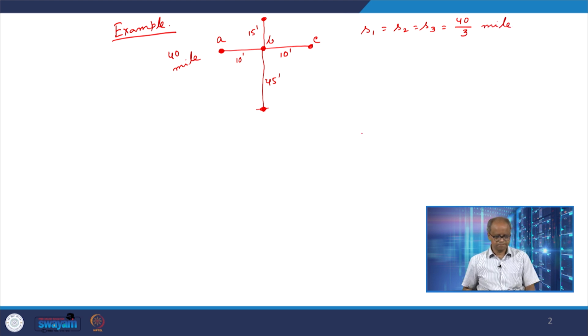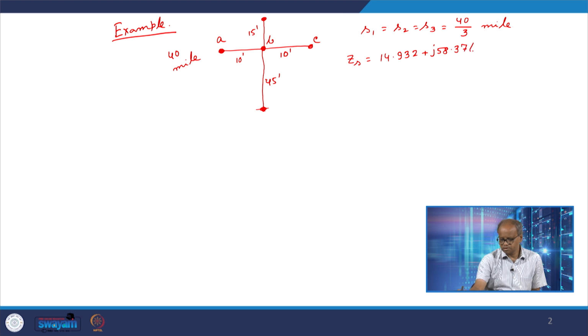As we have already calculated, the value of ZS for a 40 mile length is 14.932 plus J 58.376 ohm. So we are just simply recollecting them.